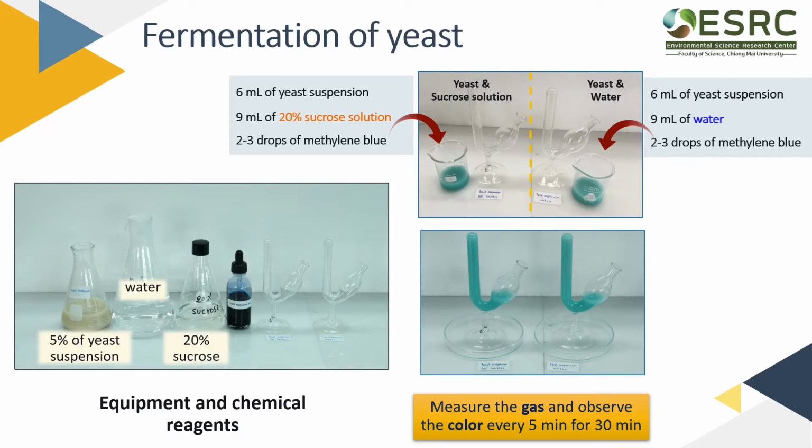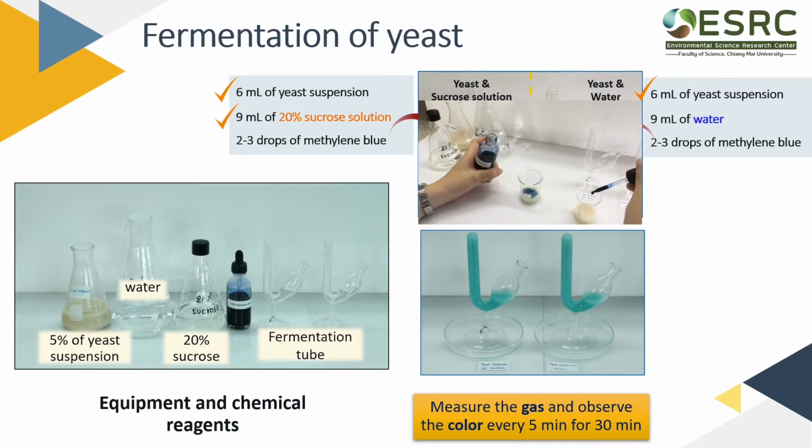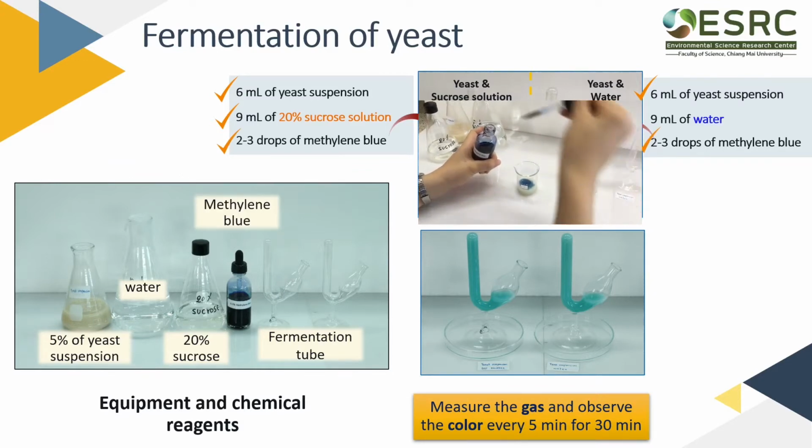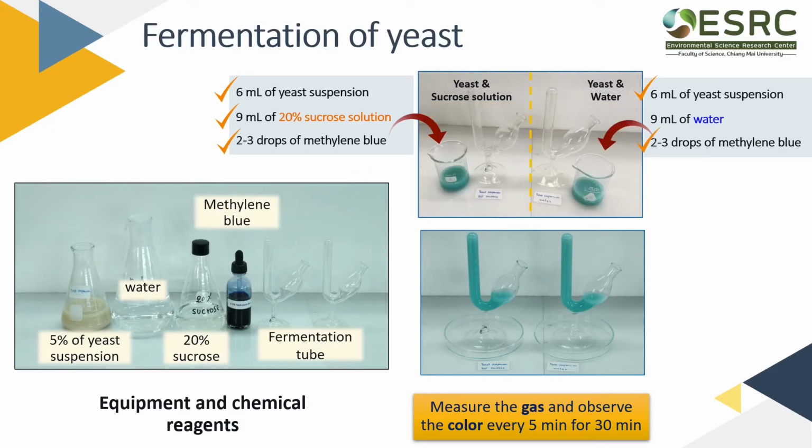The prepared solution will be put into the fermentation tube. 6 ml of yeast suspension, 9 ml of sucrose solution, and a few drops of methylene blue will be mixed together in a beaker before being added into the fermentation tube, while another tube gets water instead of sucrose.